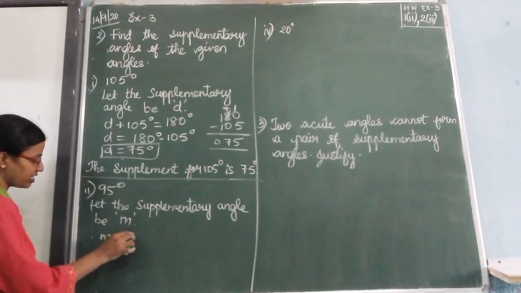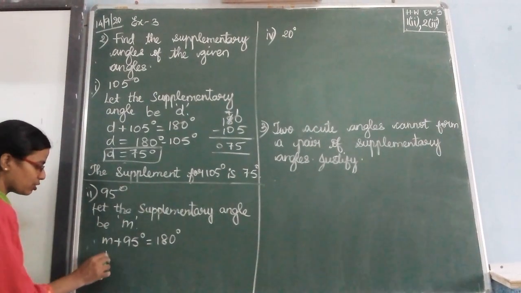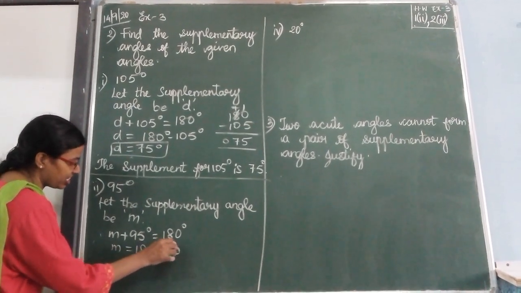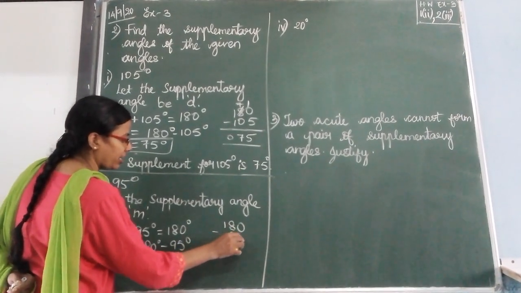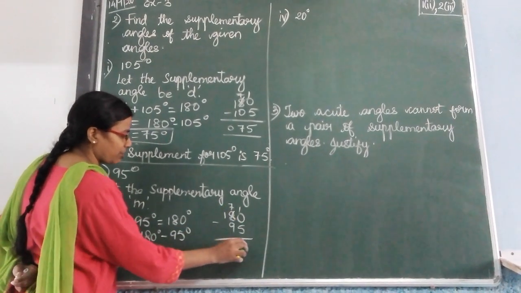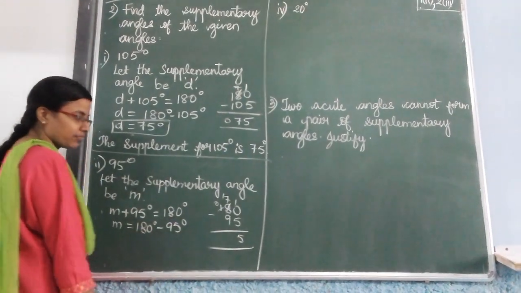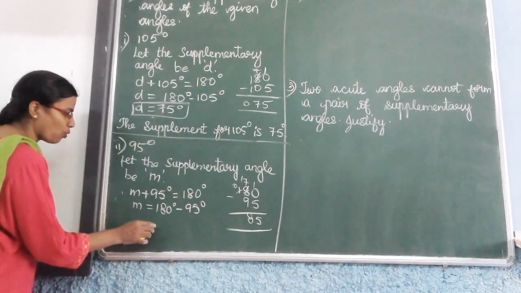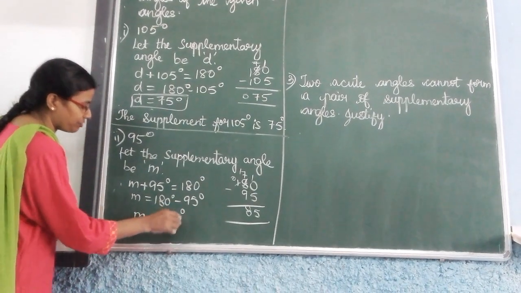M plus 95 degrees is equal to 180 degrees. So M is equal to 180 degrees minus 95 degrees. So here subtraction, 95. If we subtract this, this becomes 7, 10 minus 5 is 5, 17 minus 9. 17 minus 9 is how much? 8. So this M is equal to 85 degrees.